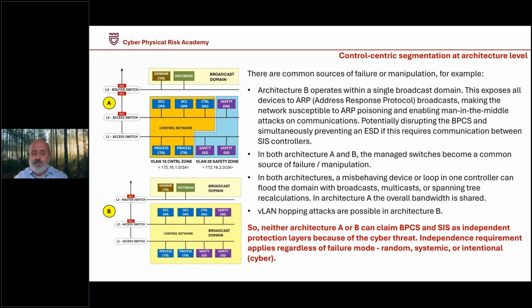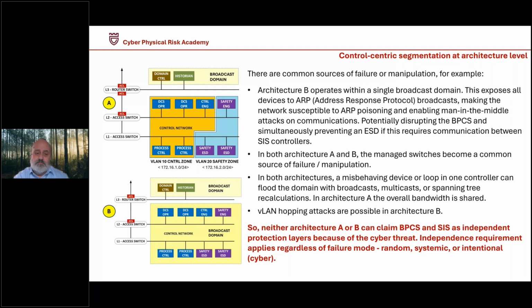That means that the traffic in the VLAN of the control system cannot influence the traffic in the VLAN of the safety system, while in the bottom, in the B architecture, that can be the case. I can have ARP, which they share, and I can kind of create this man-in-the-middle attack.